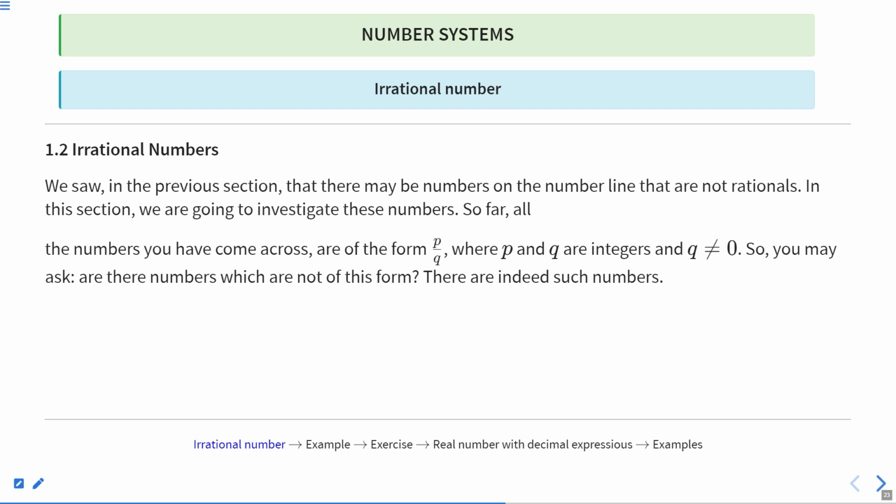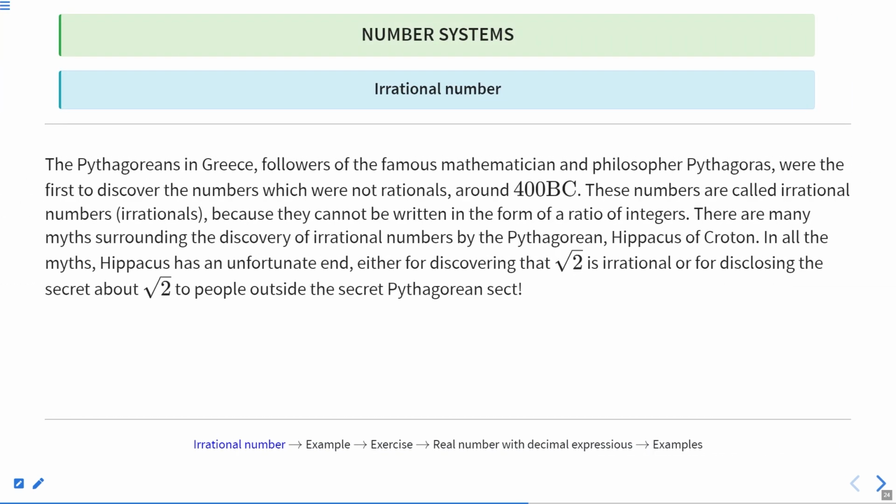Let us see the philosopher Pythagoras, a famous mathematician of Greece.